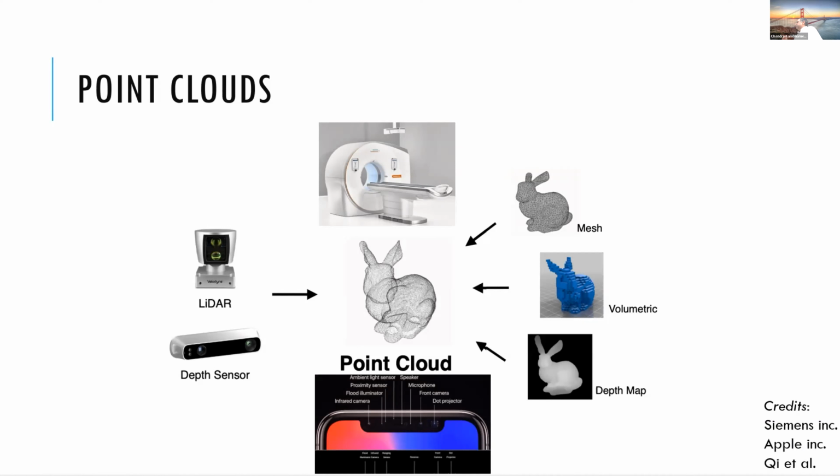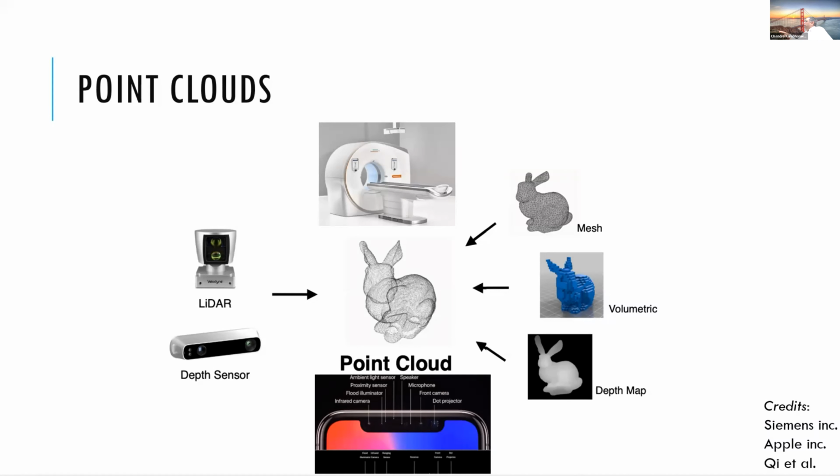The current representations really didn't think about it, because we worked on 3D, but we never thought 3D would be so usable by regular people. We like the shape, but the fact that you can easily tell that it's a bunny doesn't really help us in the long run. So on the right side, you're seeing the representations, whether it's mesh, volumetric, or depth map. We're going to see what we can do about it.